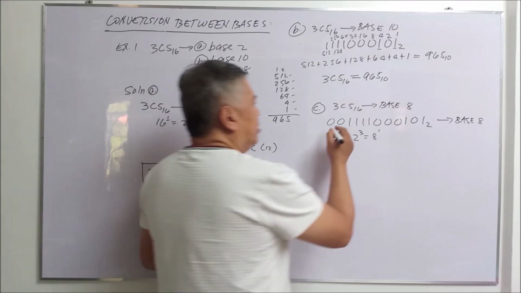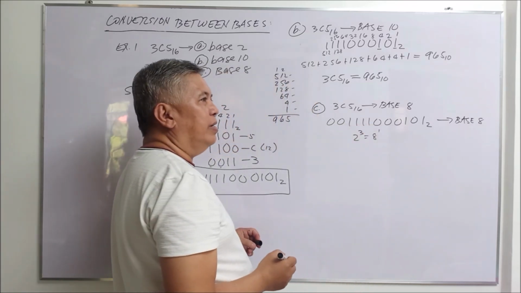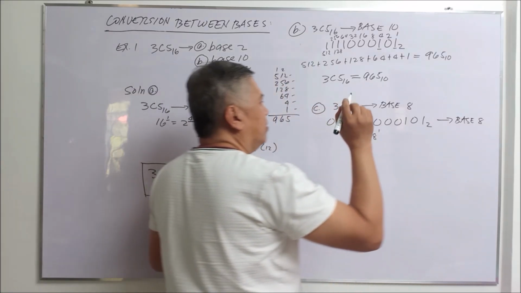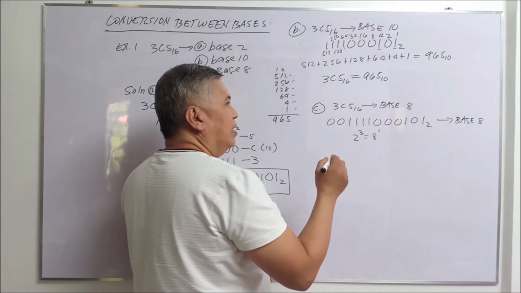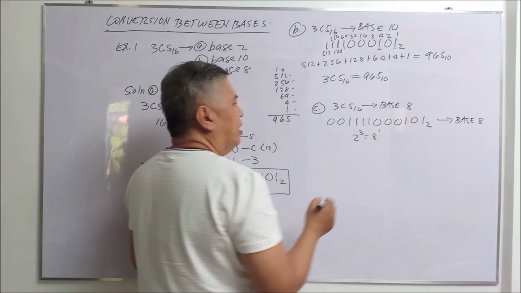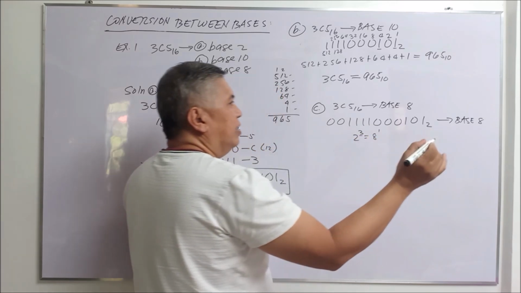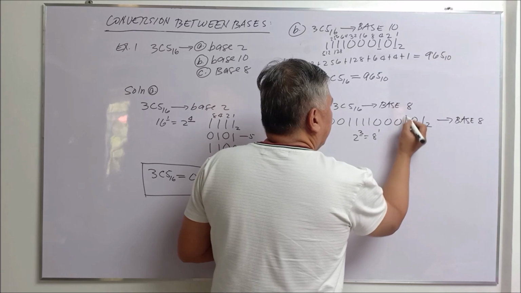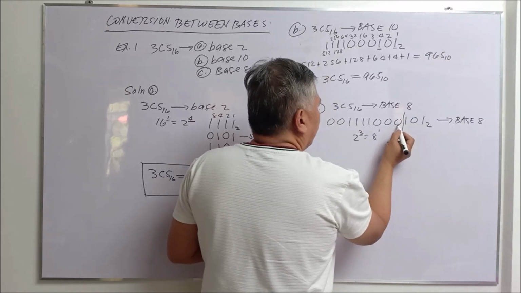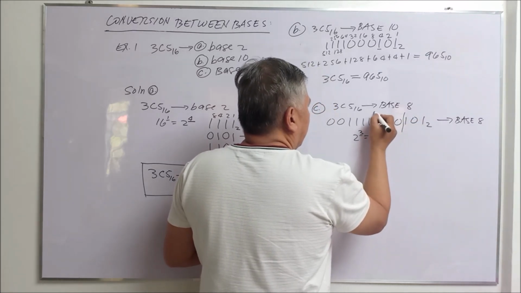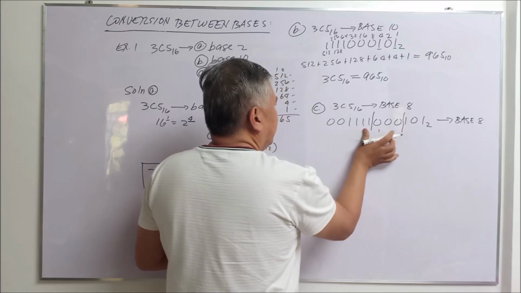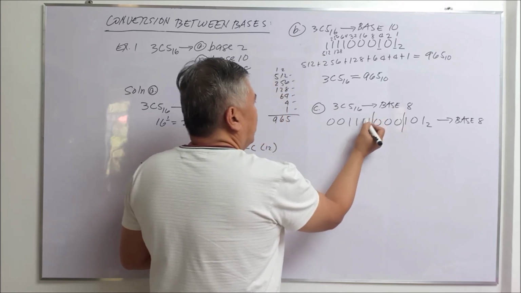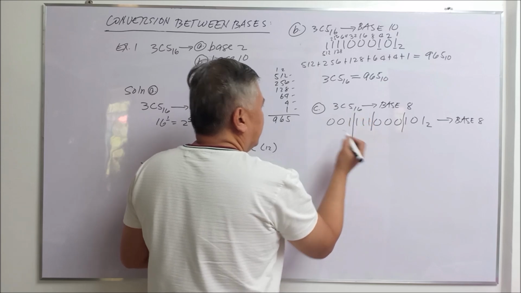So, since the binary number is already given, you count the number of digits from right going to the left and place a boundary. 3 digits from right going to the left. So, 1, 2, 3. You put a boundary. 1, 2, 3. Another boundary. Okay? Then, 1, 2, 3. Another boundary.